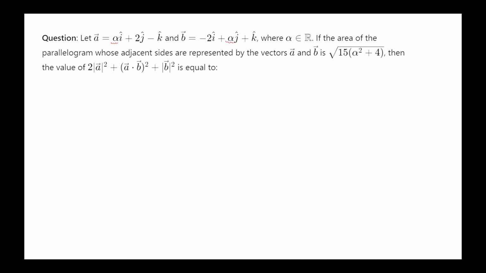Now they've told us that A vector and B vector are the adjacent sides of a parallelogram. So my area of parallelogram basically becomes A vector cross B vector. So simply let's find this value out. It is going to be i cap, j cap, k cap, and below we would have alpha, 2, minus 1, minus 2 alpha, and 1.